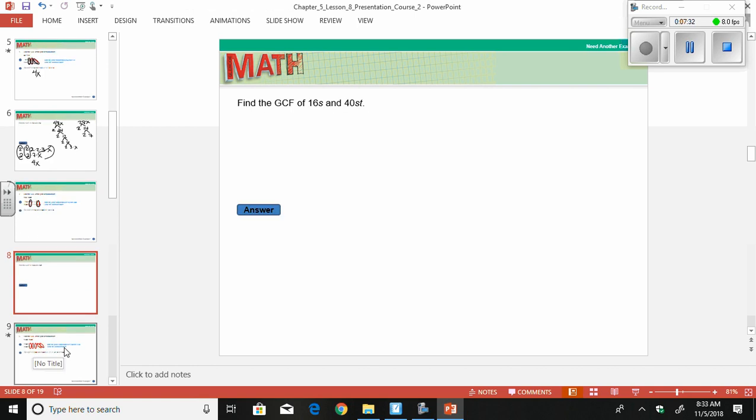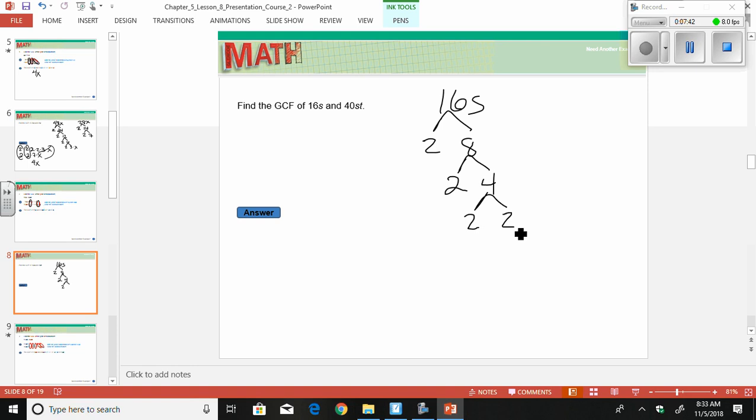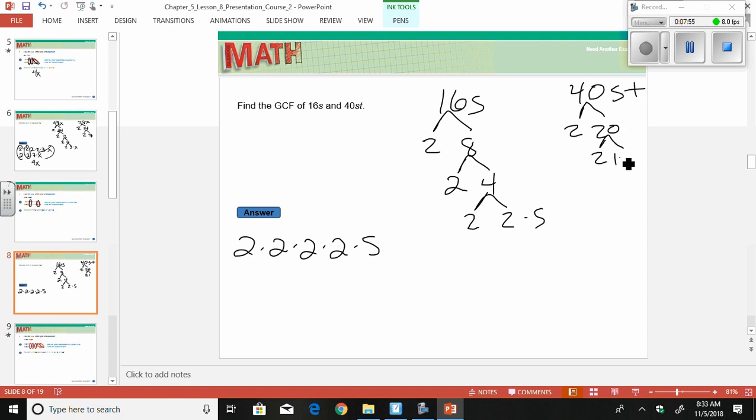So 16S. So we can do 2 times 8, 2 times 4, 2 times 2 times S. So that's four 2's times an S. 40ST, 2 times 20, 2 times 10, 2 times 5.